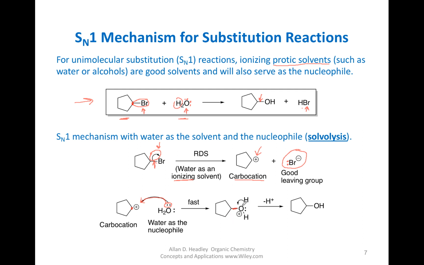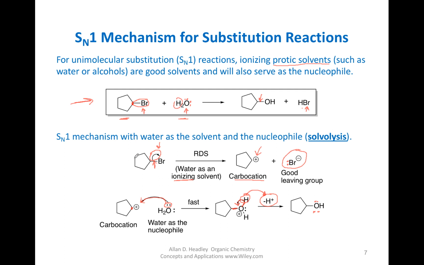So 2 electrons here can come in onto the oxygen to form the alcohol, and of course minus H plus. So this H comes off as H plus. So this is the mechanism for the substitution reaction given here.